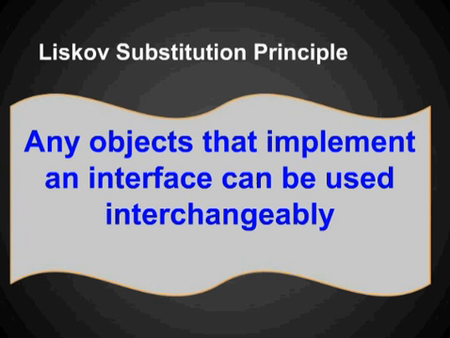Which brings us to our third principle of the day, which is the Liskov substitution principle. And this principle is really just common sense. Its name sounds more impressive than what it actually states. All this really says is that any object that implements an interface can be used interchangeably.